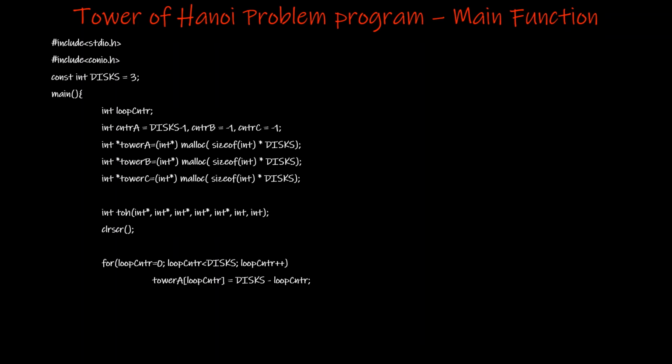So 3 at the bottom, 2 in the middle, and 1 at the top. Then one more loop to assign value 0 to towers B and C at each position. This is to indicate there are no disks present in tower B and tower C.